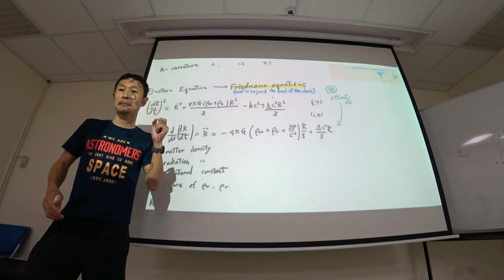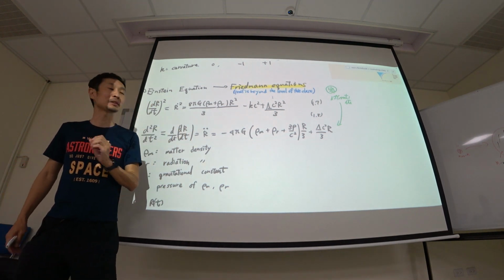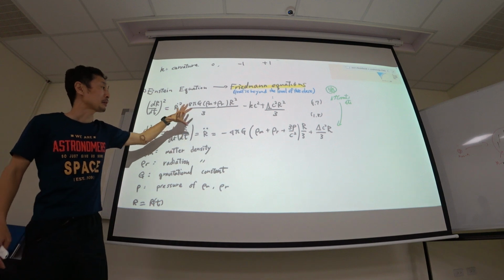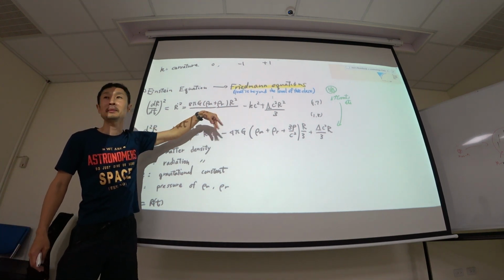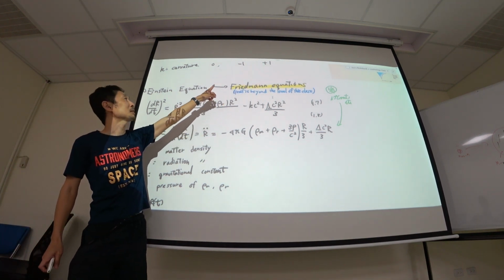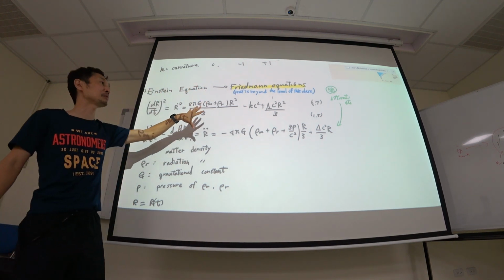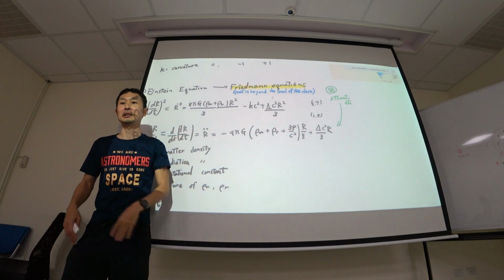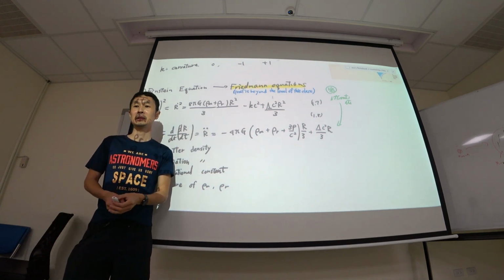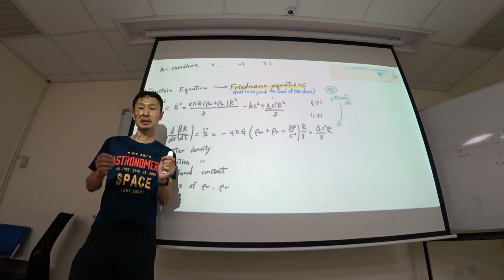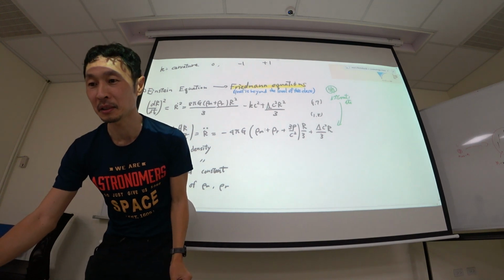You don't need to remember these, but I want you to understand where they came from. We put the Friedmann-Robertson-Walker metric into the Einstein equation, and then we derive the Friedmann equations. That's the equation we need to do cosmology. That's what we did last week.